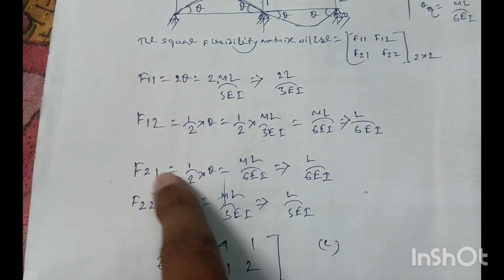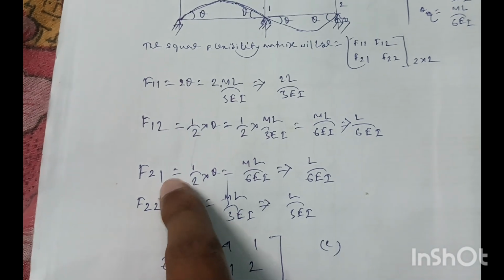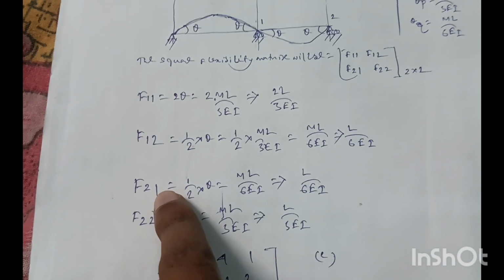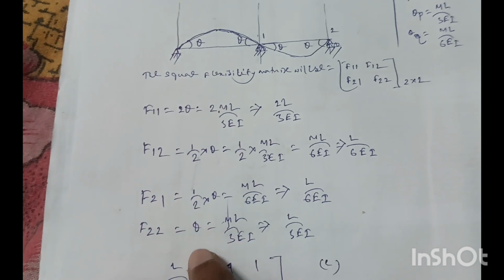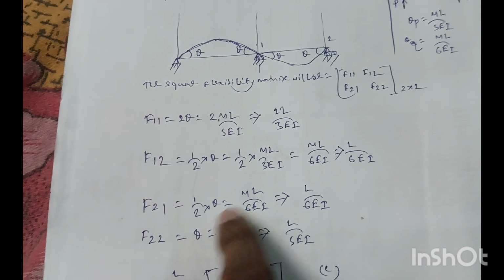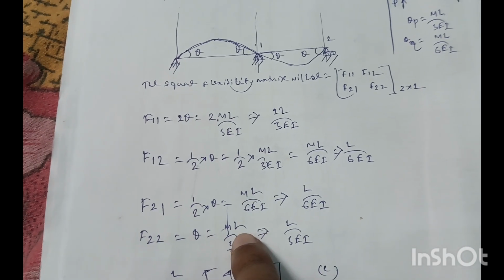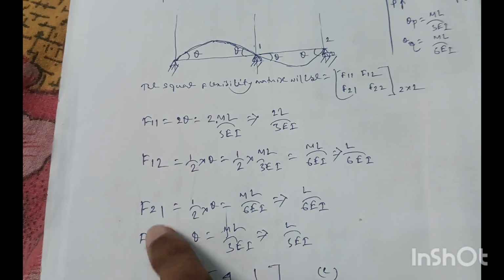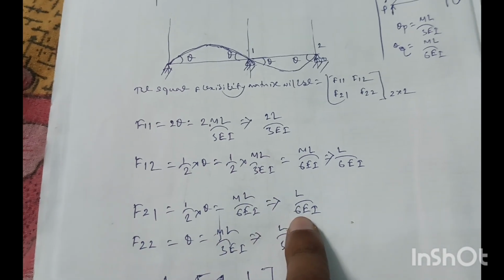Now F21, that is the flexibility at coordinate 1 due to unit moment applied at coordinate 2, will be equal to half of this theta value, so half into ML by 3EI, so as M equal to unity, the F21 value will be equal to L by 6EI.